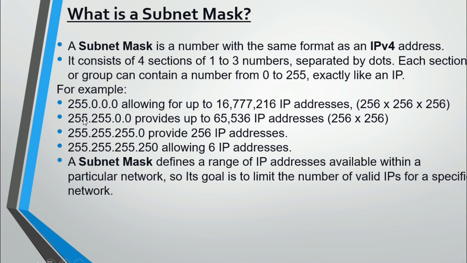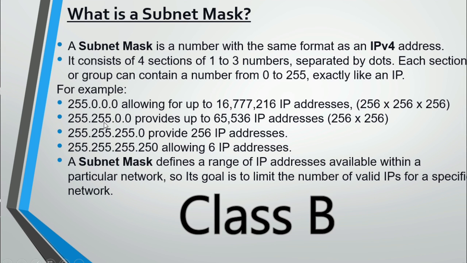Another example, we have here 255.255.0.0, which provides up to 65,536 IP addresses. So this is the class B network.